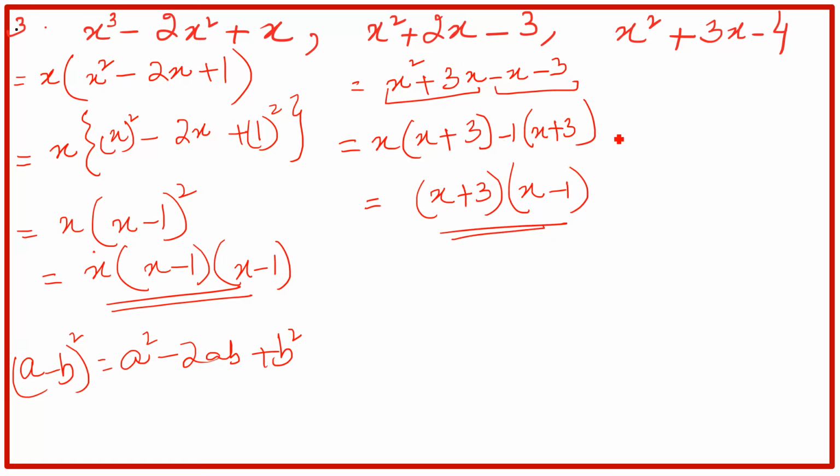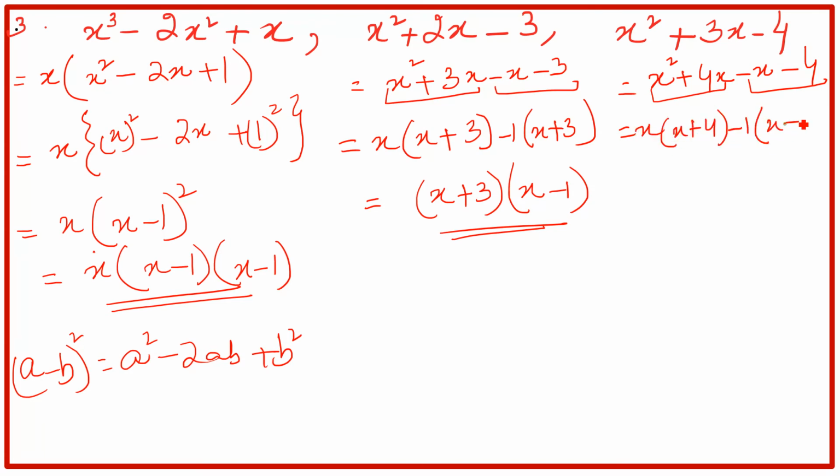Now move on to the third one. Here same thing, x square positive 4x minus 4. Here we will take x as a common, x plus 4 minus 1 x plus 4. So x plus 4 we will take as a common, and then x negative 1.